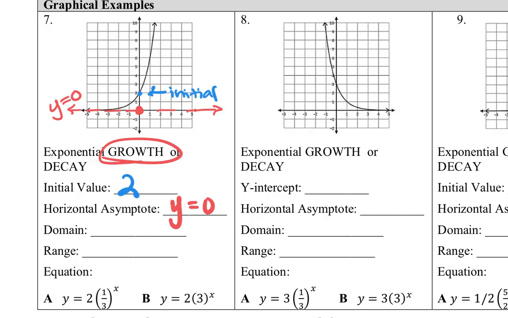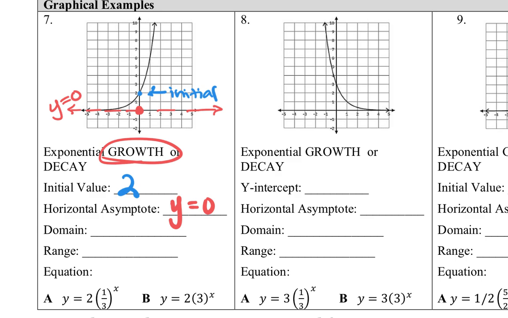The domain, we hadn't talked about that. What do you think your domain is? Do you think it's only going to hit a certain set of numbers, or is it going to hit all the numbers on that x-axis? It's actually all the numbers, yes. This is going to continue over to the left side, but it's just going to get smaller and smaller as it keeps going. This is going to continue and slowly, gradually go up, depending what the growth factor is. So this is going to be all real numbers.